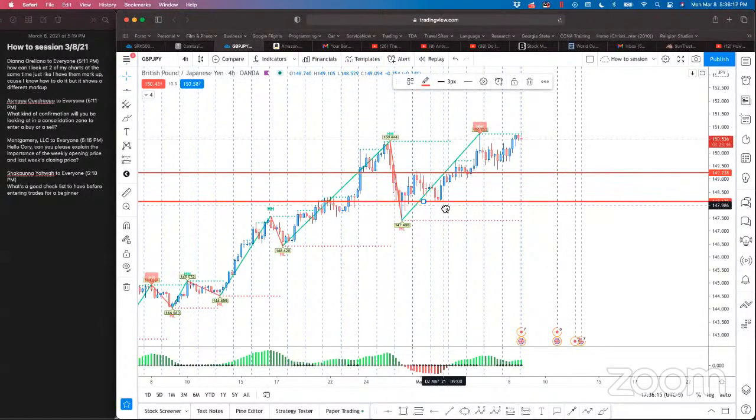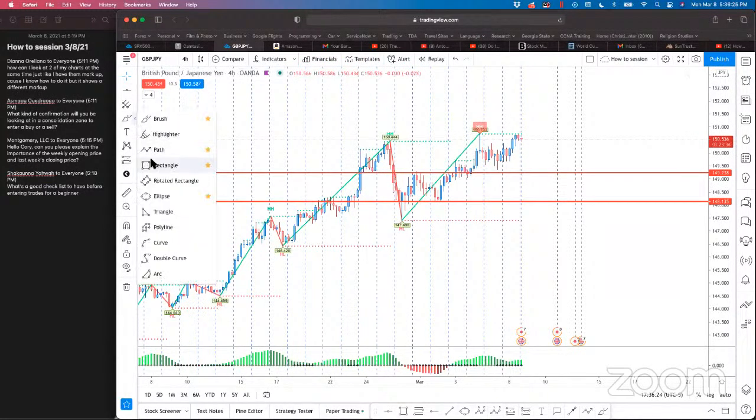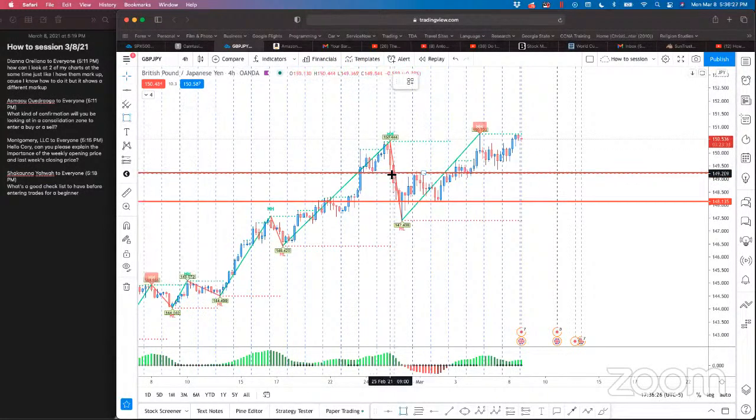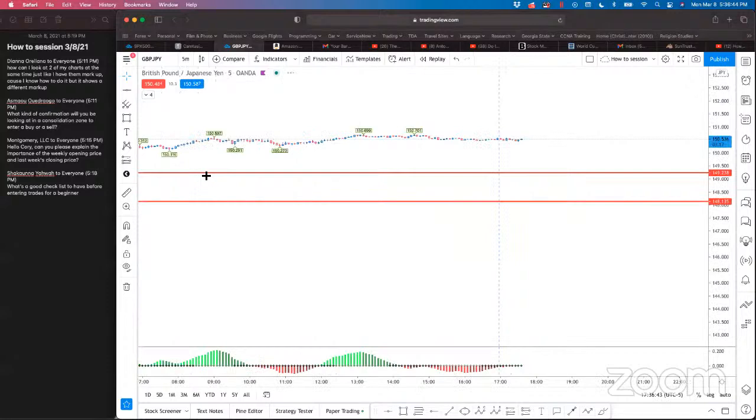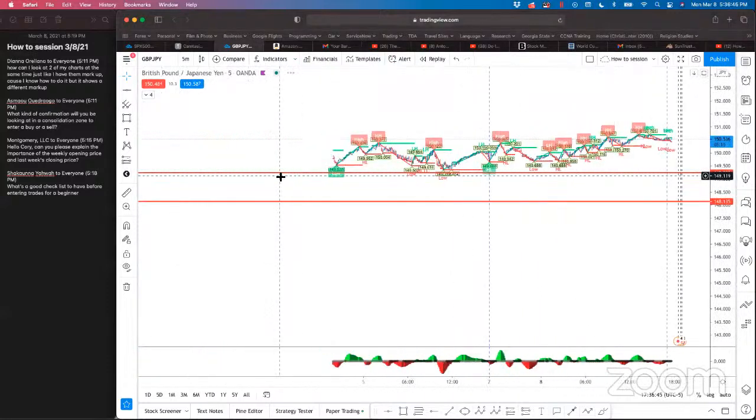So if I'm going to be using this range right here, where we created the high and the low, and we're going to trade from top to bottom of this range, I'm only going to be looking for smaller time frame moves inside of here, like maybe the 5 minute or the 1 minute chart.